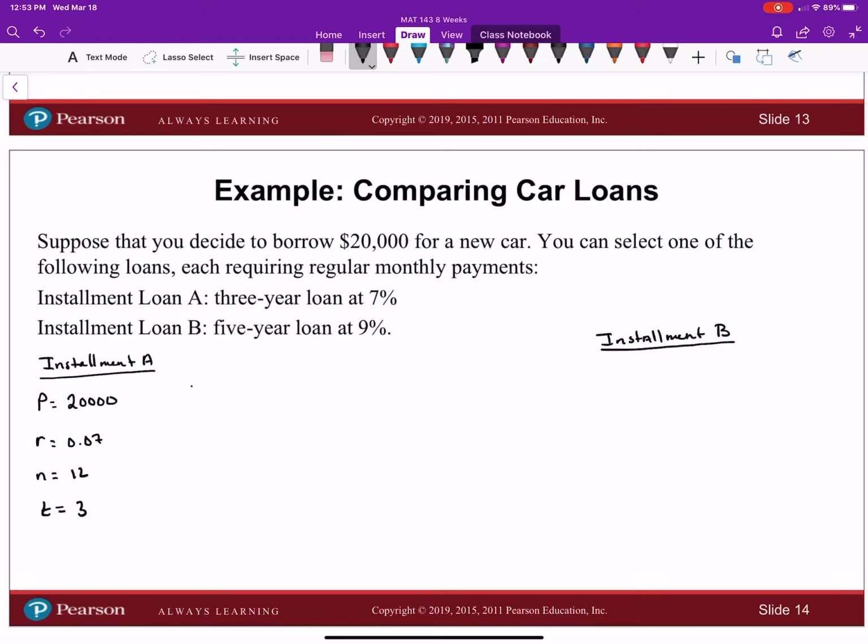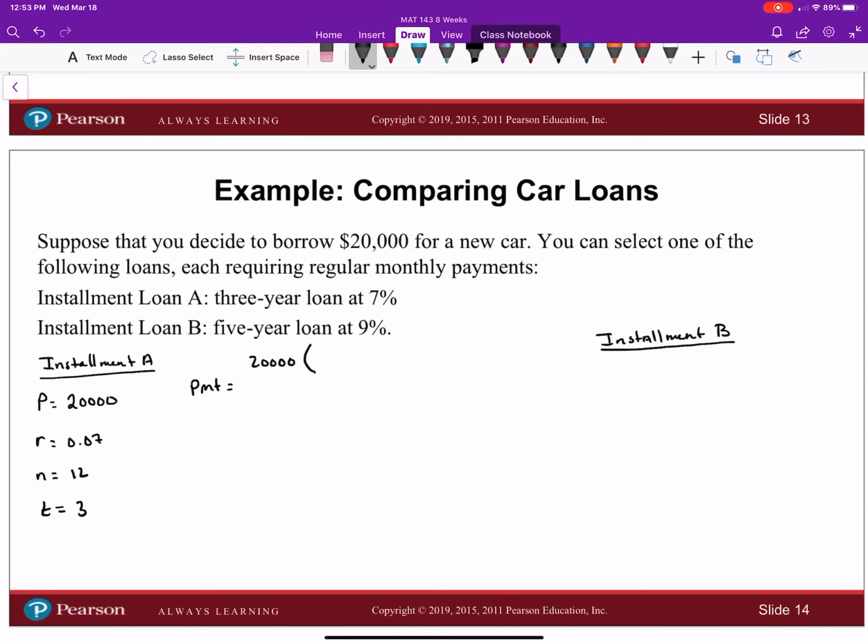So we got PMT is equal to our 20,000. Make sure you put enough zeros. Then you want to make sure that you use the right formula.